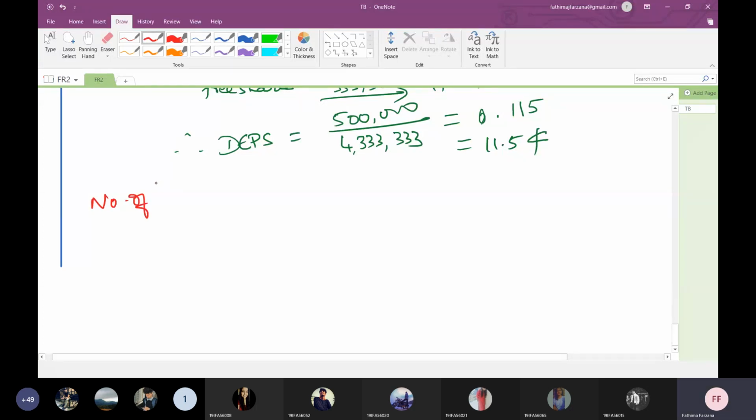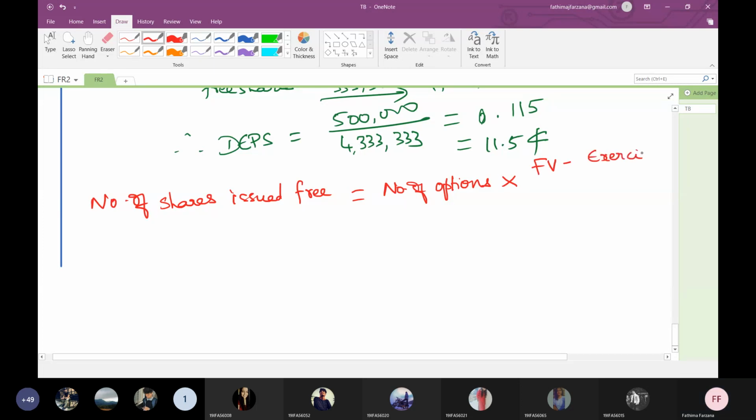We need only number of shares issued free. We don't want the number of shares issued at market price. So it is number of options, how many number of options you have, into fair value minus exercise price of option, divided by fair value.